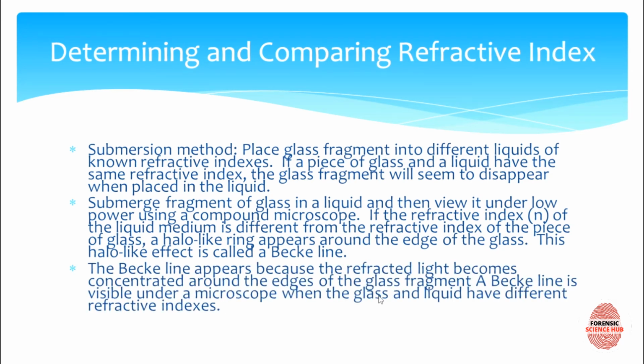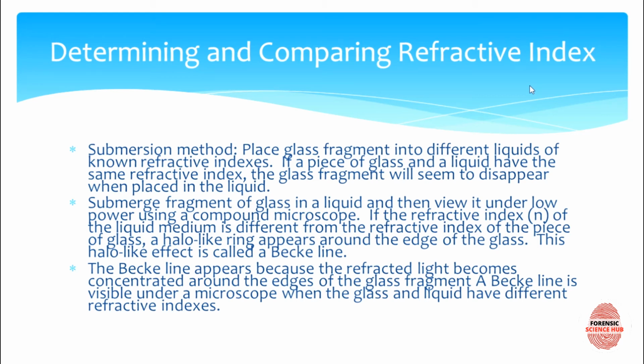So basically what we do here is submerge our glass particle into a liquid. We place a glass fragment into different liquids whose refractive indices we know. If we put the glass in a particular liquid and the glass fragment disappears, then that means the refractive index of the glass is equal to the refractive index of the liquid that we have immersed it in.